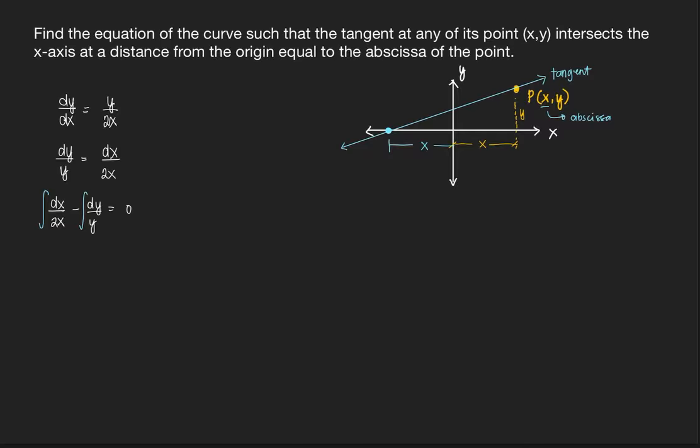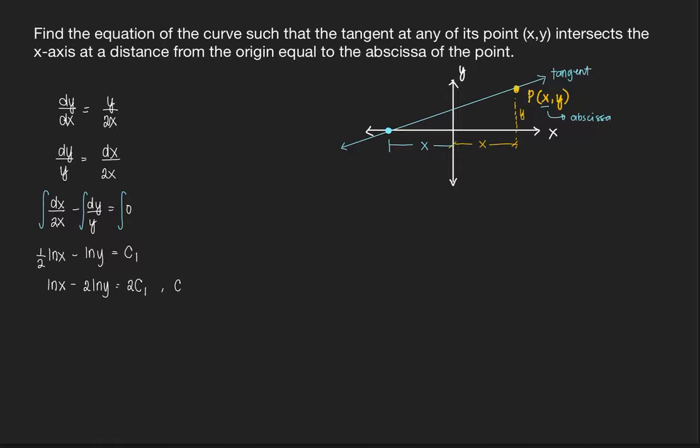Integrating, that would give us 1/2 ln of x minus ln of y equals c sub 1. Multiplying both sides of the equation by 2, that's ln x minus 2 ln of y equals twice of c sub 1.